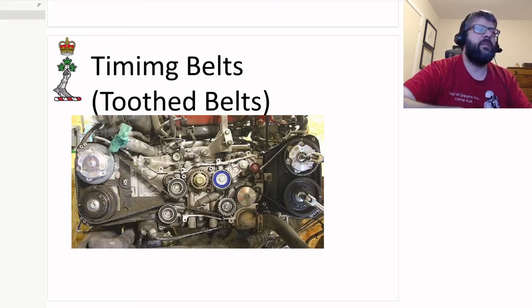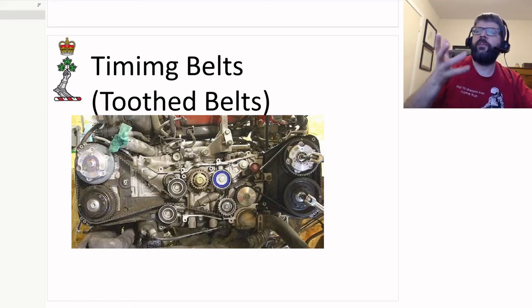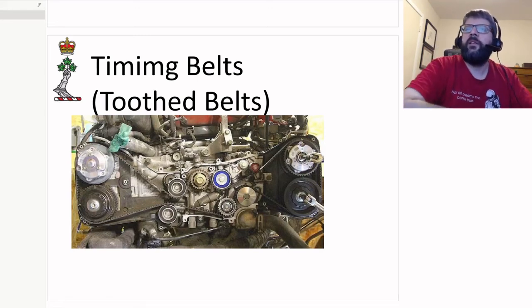The action of the teeth fitting into the gaps on your sheave is what ensures that there's no slippage. So these are often used, like I said, for timing. So we can rotate and ensure that stuff's rotating at the same rate.